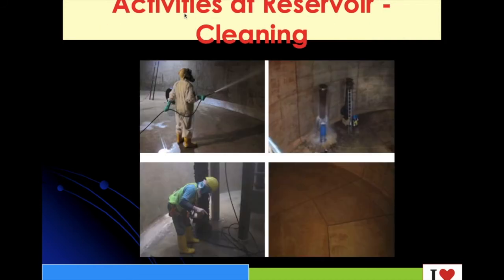If you remember, there was a case in Negeri Sembilan where we found a dead body in a service reservoir. Because of that, they had to stop and immediately clean the service reservoir. So sometimes we can also find dead people inside the service reservoir. I don't know how that person could enter the service reservoir.